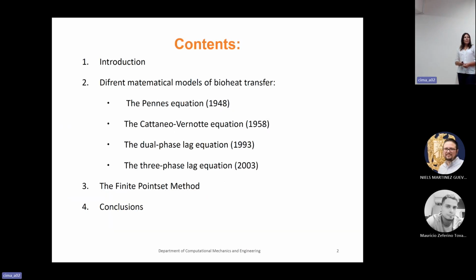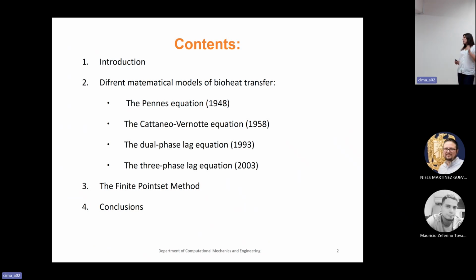So my agenda: a short introduction on why we analyze biological transfer, and then I will present different mathematical models. They are, in order from the oldest one, the Fourier equation, then the Pennes equation, the dual-phase lag equation, and the three-phase lag equation.